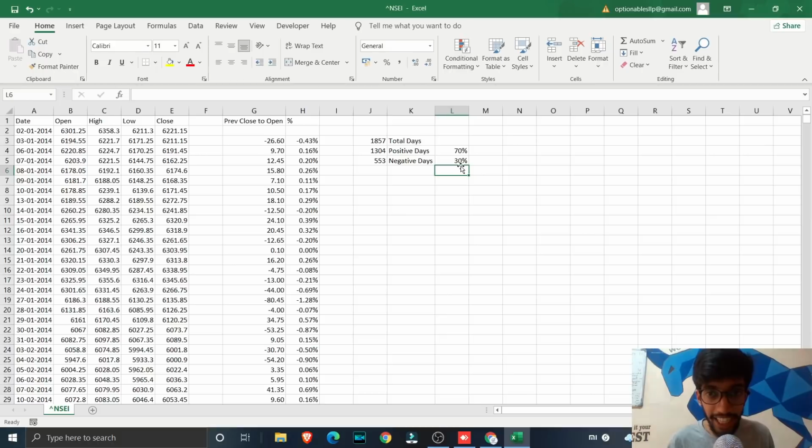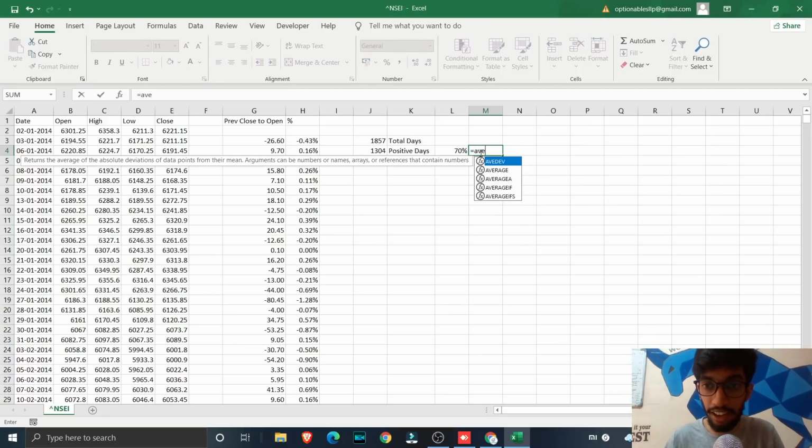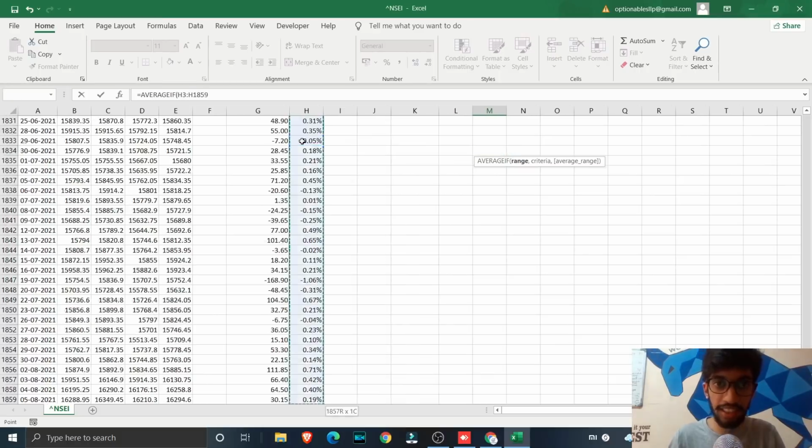So I will have to find out what are the average negative days and average positive days. What is the move expected on a positive day? What is the average move expected on the negative day? So again, I'm going to use a simple function of average if. So range is the same, Control Shift down arrow.